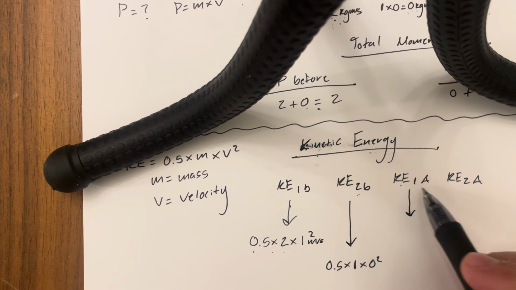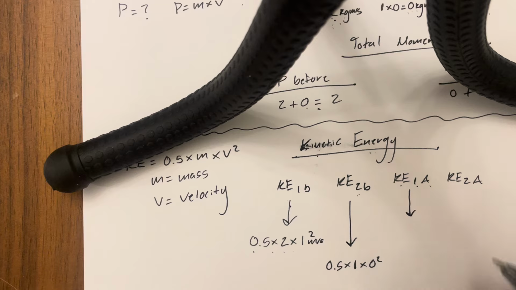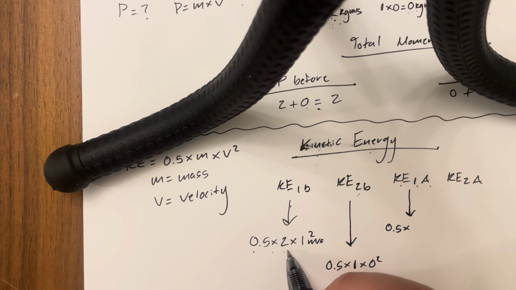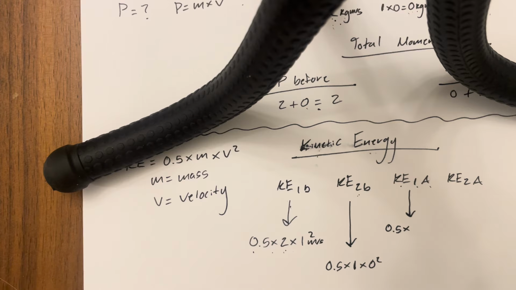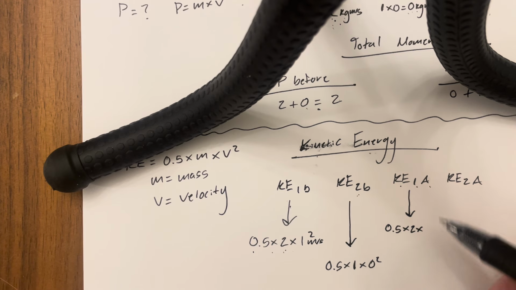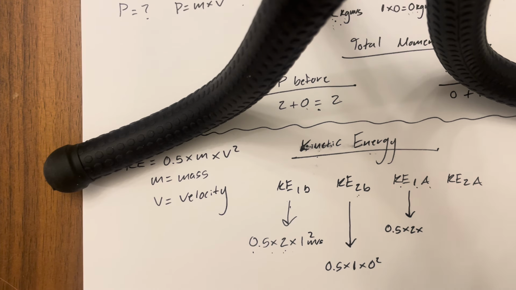So KE of object 1 after: my mass is still the same. It's going to be 0.5 times my mass, which is 2. Again, that is up here at the top as well, times the velocity after. So I'm going to look at V1 after, and that is 0 squared. Plug it in your calculator and you'll get your answer.